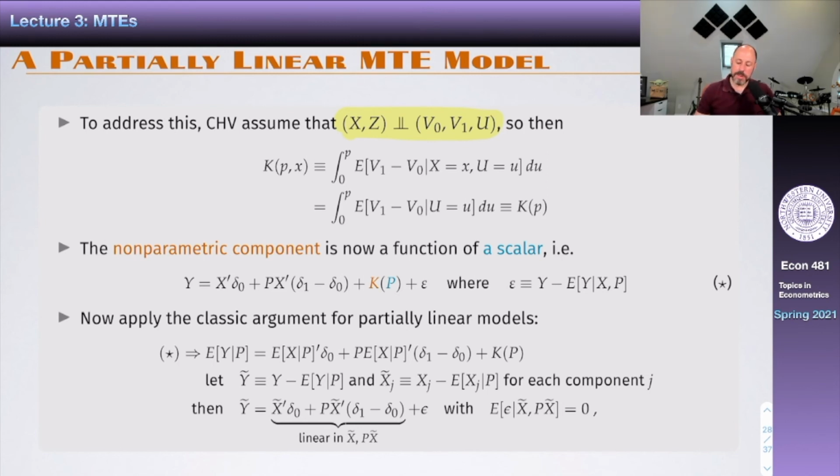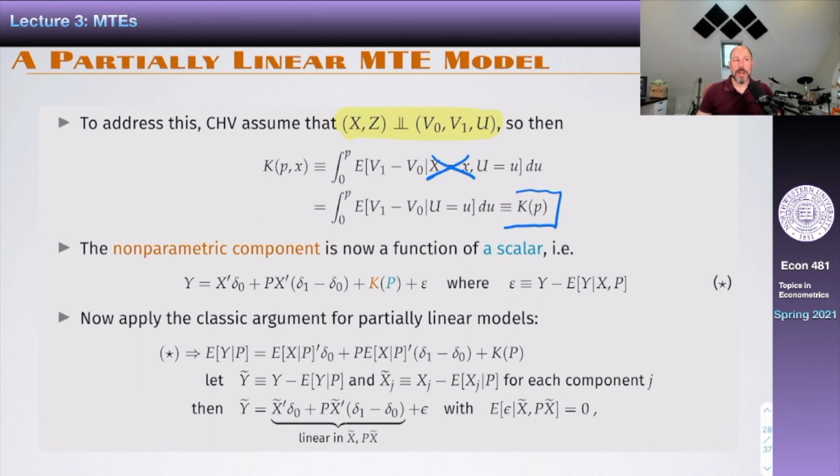So under this restriction, when you look at this function k, these guys are independent of this, so this expectation is such that you can get rid of this x. And now it's nice because this function only depends on p.